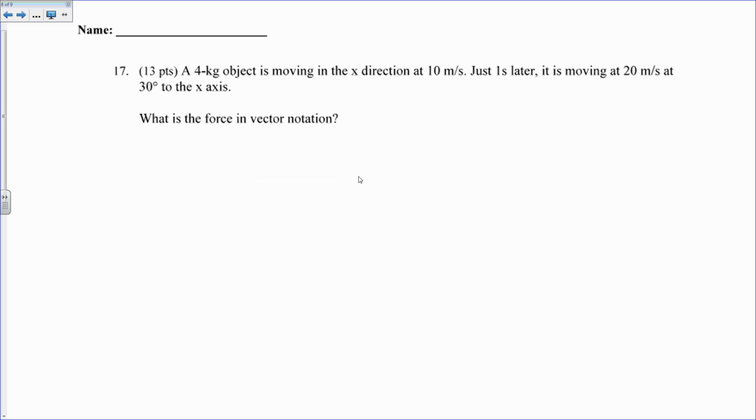A 4-kilogram object is moving in the x direction at 10 meters per second. 1 second later, it's moving at 20 meters per second, 30 degrees to the x-axis. What is the force in vector notation? Well, I know F equals ma, so I need to figure out what the acceleration is. I know the acceleration is v naught plus vt.